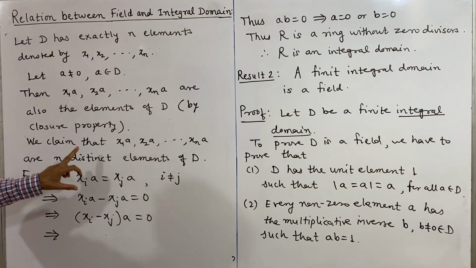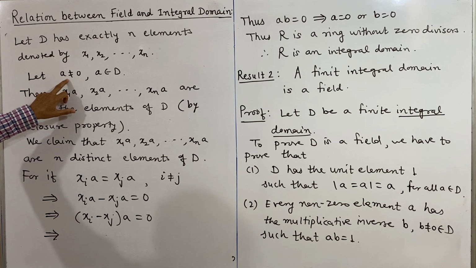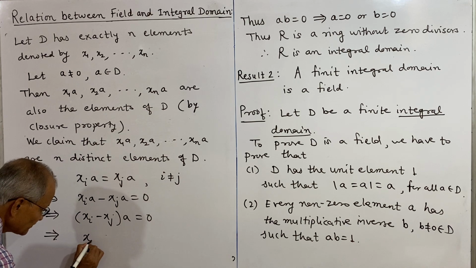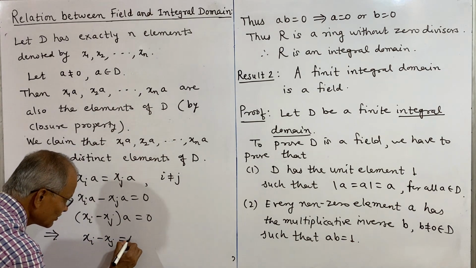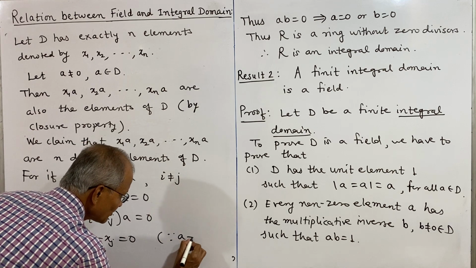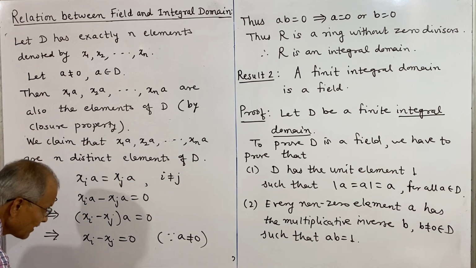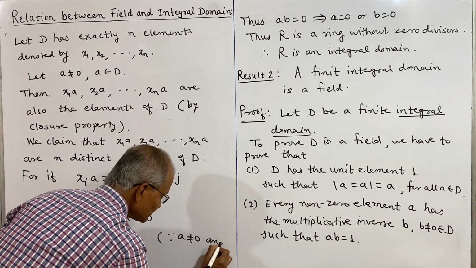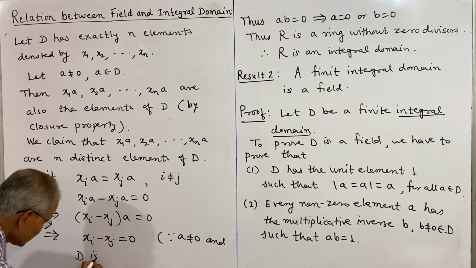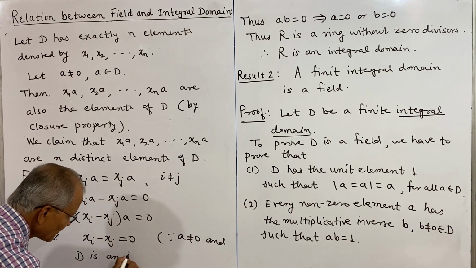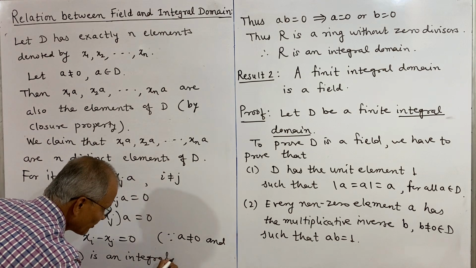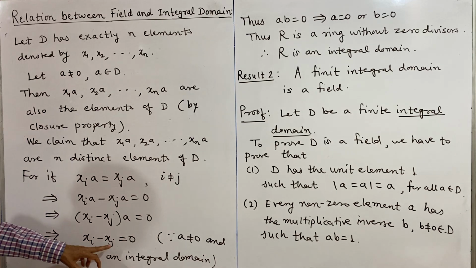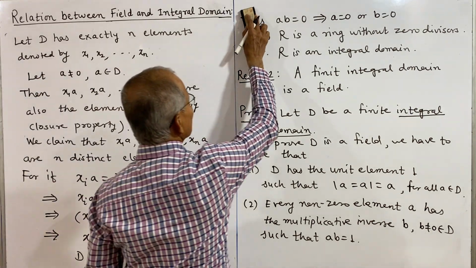But A is not equal to 0, and therefore xi minus xj must be 0, since A is not equal to 0 and D is an integral domain. And xi minus xj equal to 0 implies xi is equal to xj.